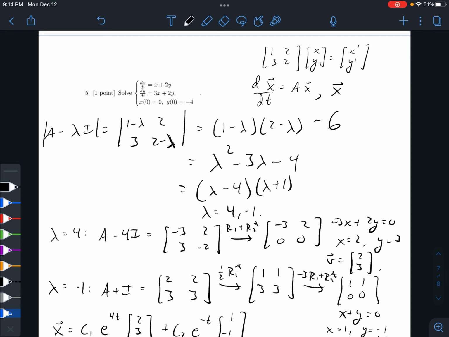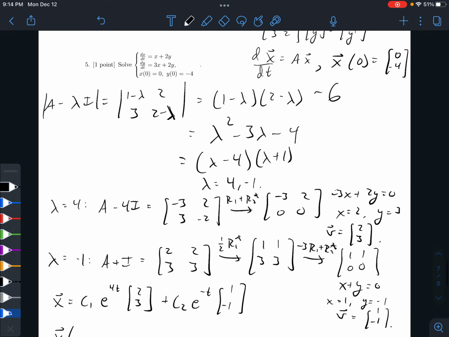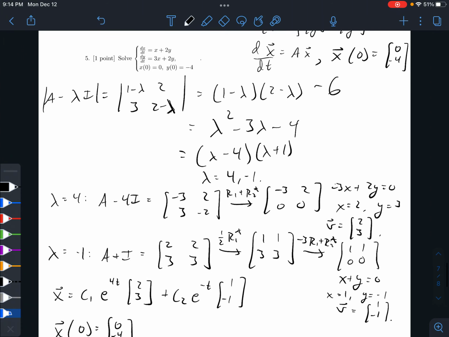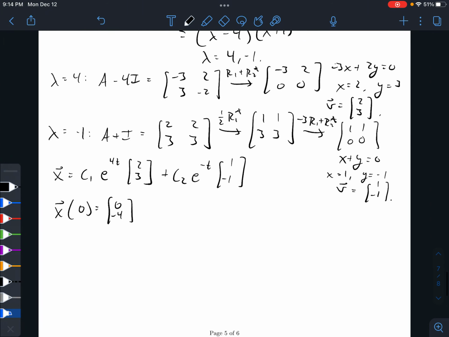Oh, that was technically up here as well. x of 0 is equal to 0, negative 4. Okay. So this tells us that c1 e to the 0, 2, 3, plus c2 e to the 0, 1, negative 1, has to equal 0, negative 4.